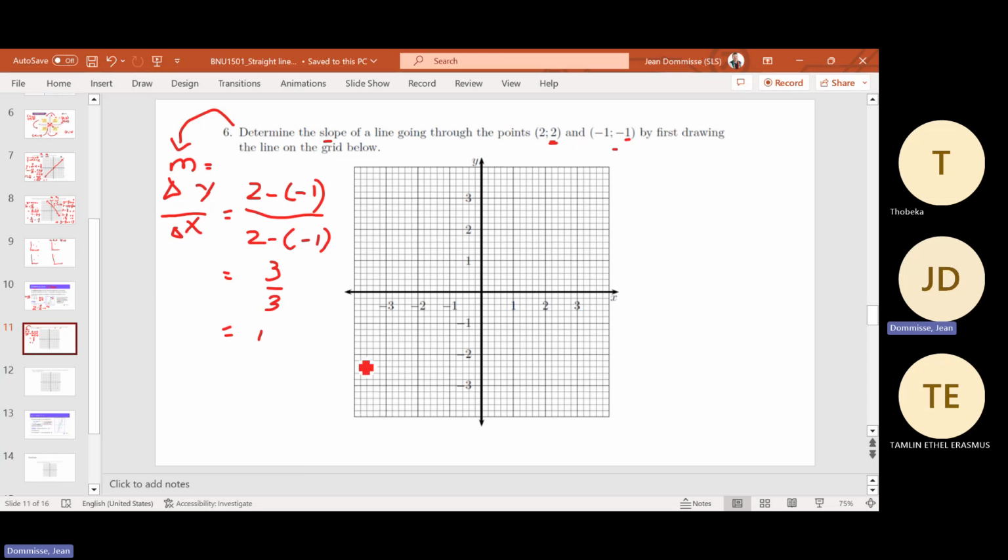Okay, so if we needed to plot it, 2 and +2 would have been there. -1 and -1 would have been there. So again, because that would have been the next point, 1 and 1. So you would have seen that this one again is going through the origin.